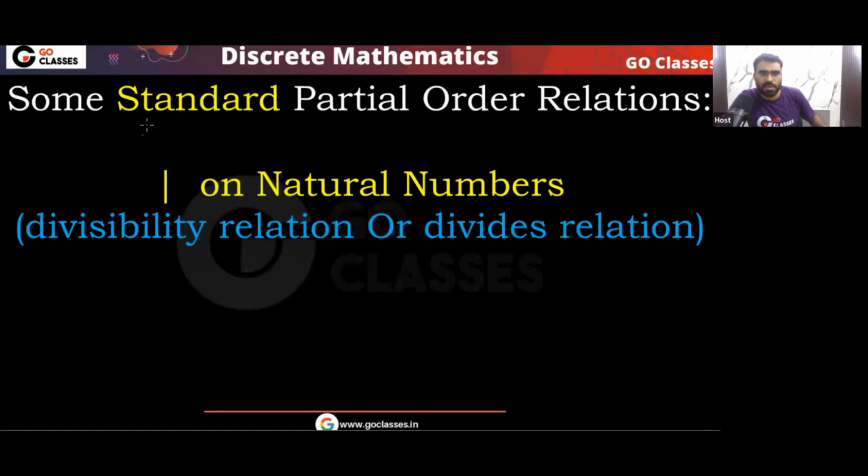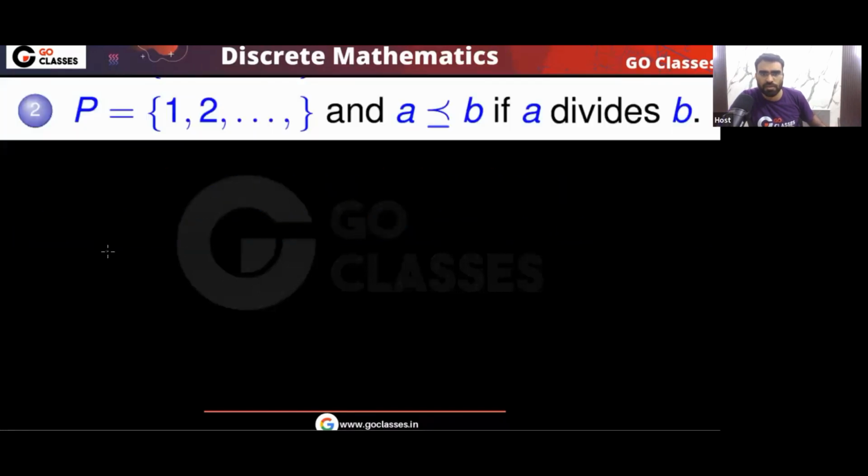Now let's see this. Another standard partial order relation I want to tell you is the divides relation, or I can say the divisibility relation, on the set of natural numbers. If your base set is the set of natural numbers, then this divides relation is a partial order relation. Can you prove it? Tell me, can you prove it?